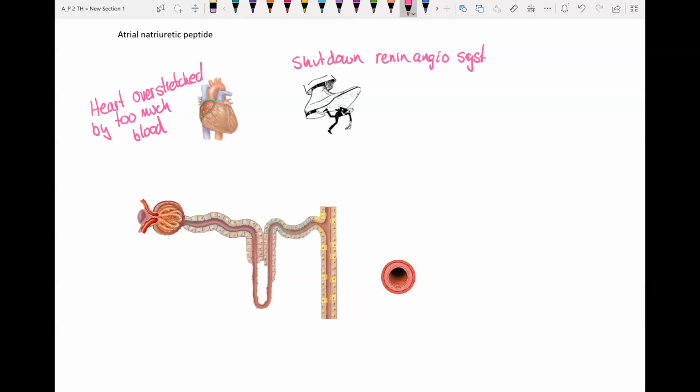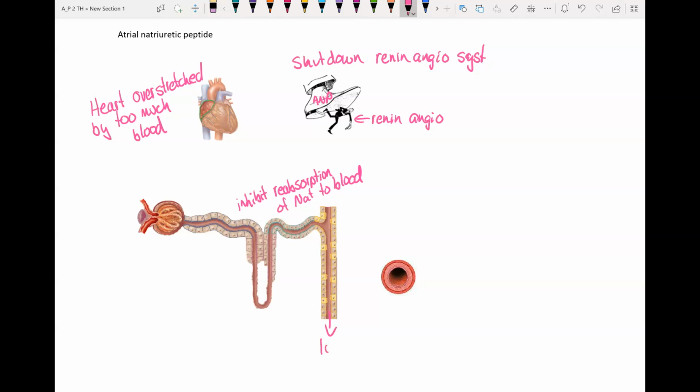So you can imagine this as renin-angiotensin, and the foot is ANP, because it wants to do the opposite of what the renin-angiotensin system does. So ANP is going to inhibit the reabsorption of sodium into the blood. So you're going to block sodium from coming back into the blood.